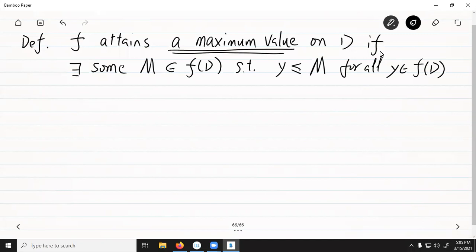So all the images will be less than or equal to this capital M, and this capital M should be in its range or image. Then we say this M is called the maximum value.